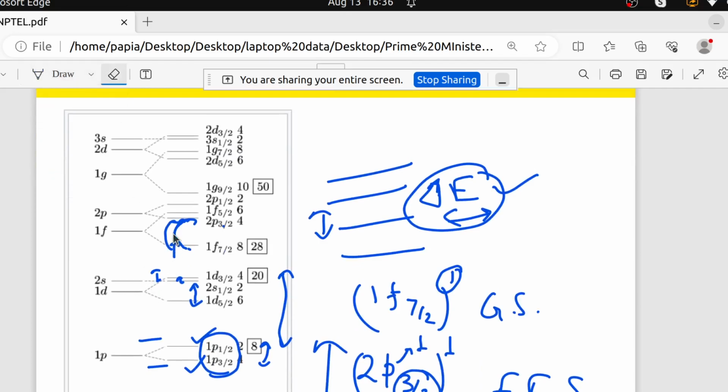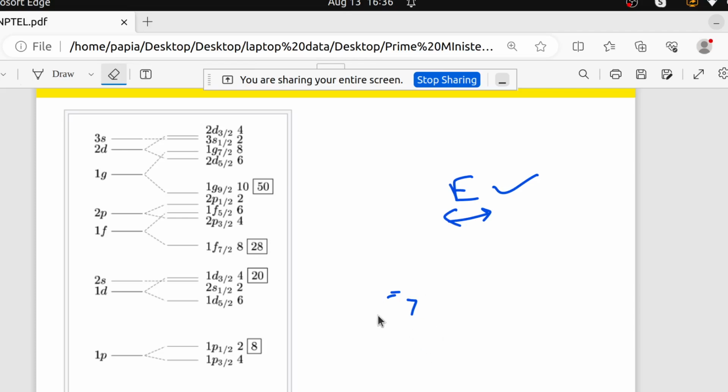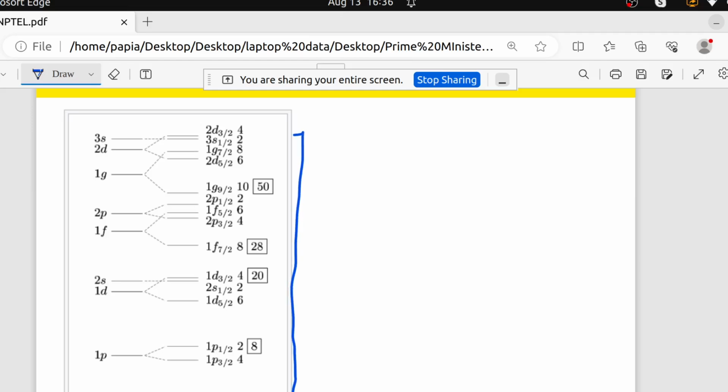Let me erase these things. This is the nuclear shell model structure, right?